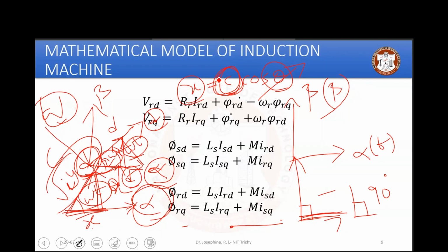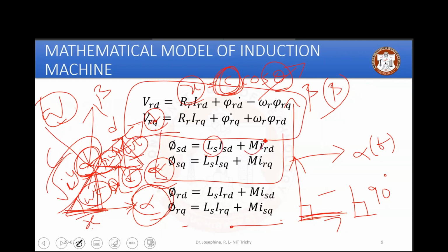And this is my DQ reference frame. This is my psi Q reference frame, where Ls is my self-inductance and M is my mutual inductance. There are different mutual inductances actually, between stator and rotor, and between stators also. This is called self-inductance.